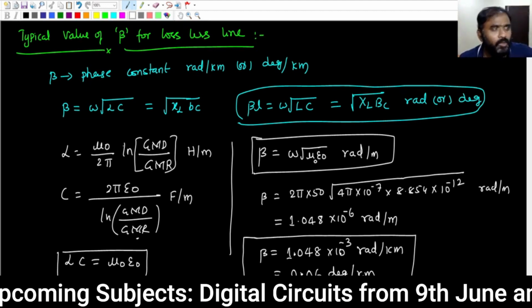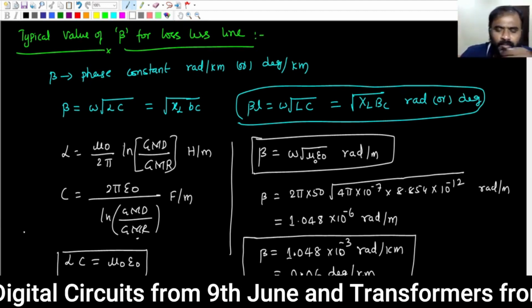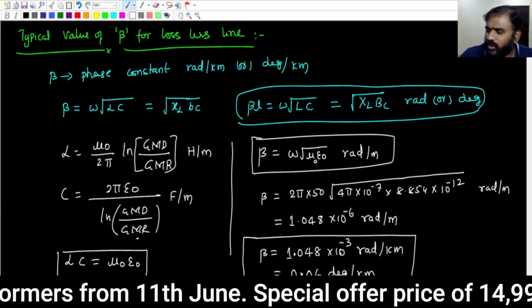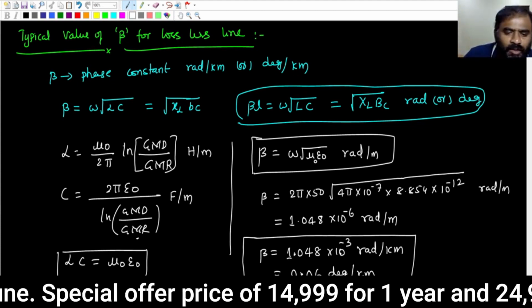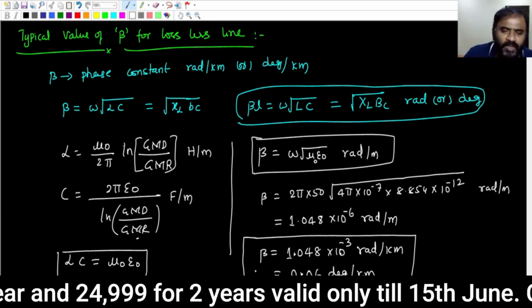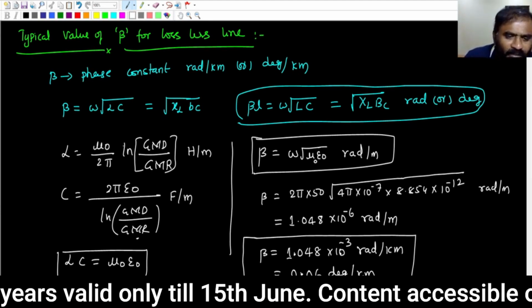Okay, so we'll solve some problems here. Then we'll go for the tuned line, and also the power flow equations in terms of ABCD parameters. So these things we have to discuss later.